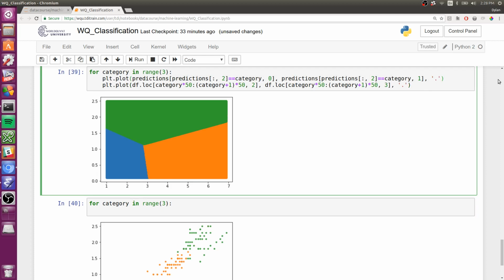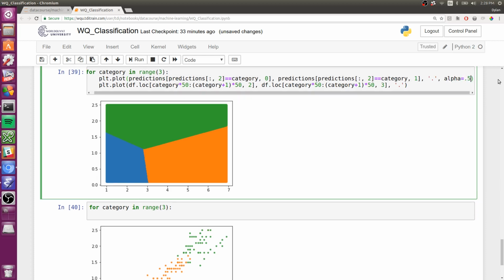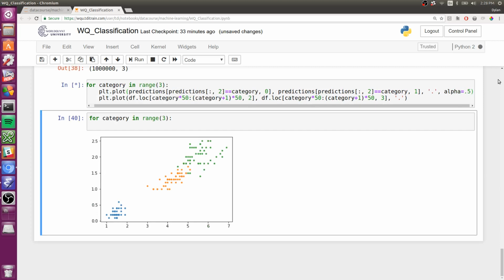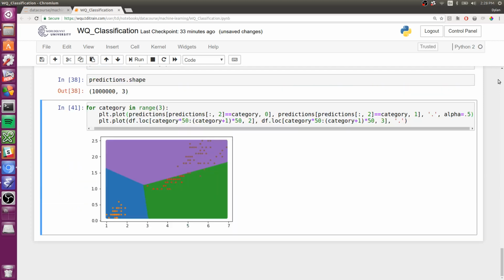Can I somehow provide alpha equals 0.5? So that didn't work great, but you can kind of get the idea. And the reason it's not working great is because I'm getting these overlaying colors.